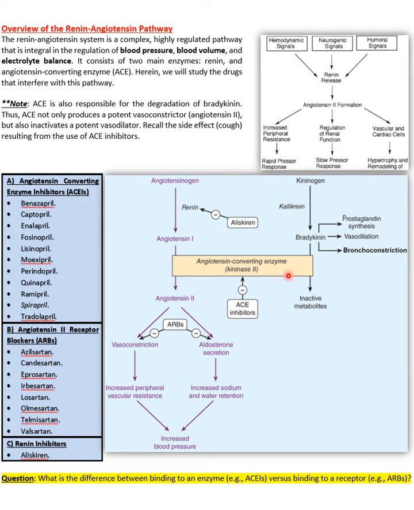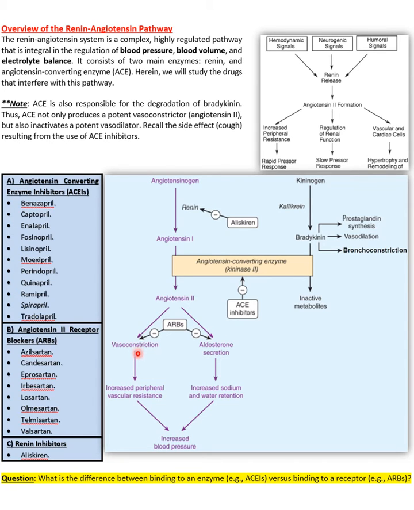So by inhibiting this enzyme, you can actually block two pathways and reduce the blood pressure. Another way to affect this pathway is through renin, by inhibiting the renin enzyme, and the third way is by inhibiting the binding of angiotensin 2 to its receptors at the aldosterone and at the vessels.